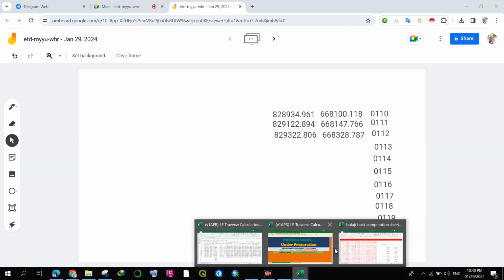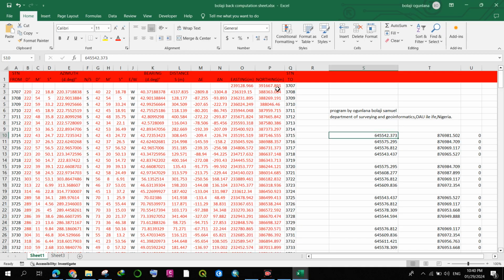So let me just use this straight away, not to waste our time. As you can see here, I have the same thing with my Eastern and Northerns and everything. Let's neglect station 2 now. Let's assume all these are what we have in the question altogether.